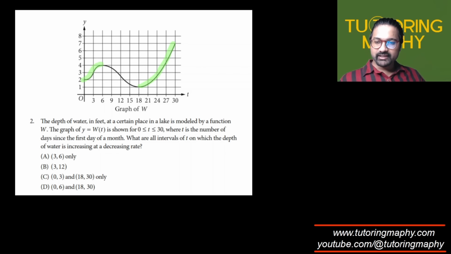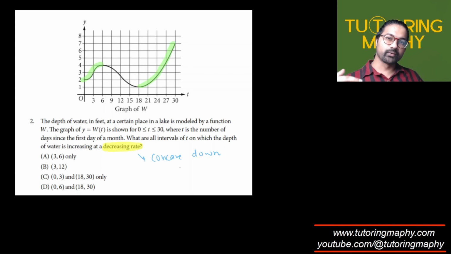But when they say that it is increasing at a decreasing rate, it means that they are looking for a concave down function, because concave down is where the rate is changing at a decreasing rate.